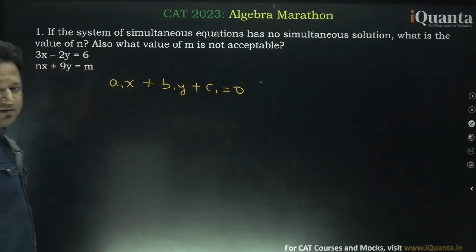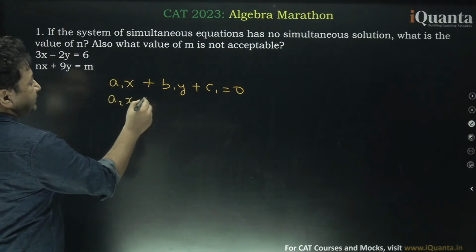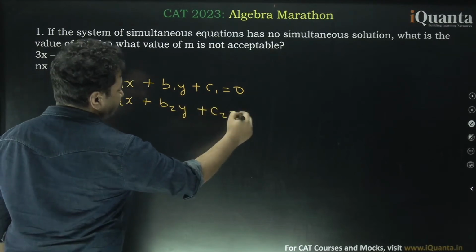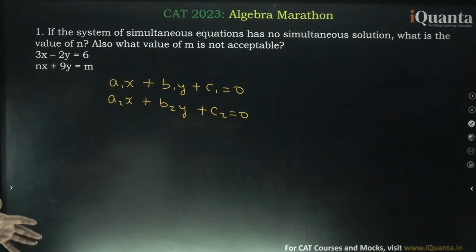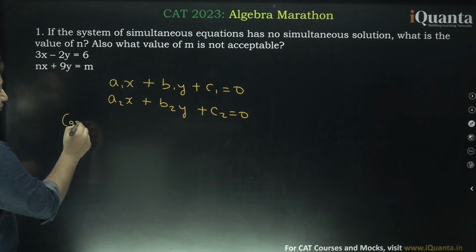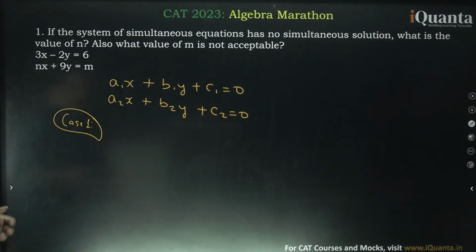Let this be the first equation, and the second equation be a2x plus b2y plus c2 equal to 0. So whenever we have linear equations in two variables, we will be having two different equations. All right, is that clear? There are three different cases, and I hope you are making the notes also. This session will be a complete revision of the entire algebra.